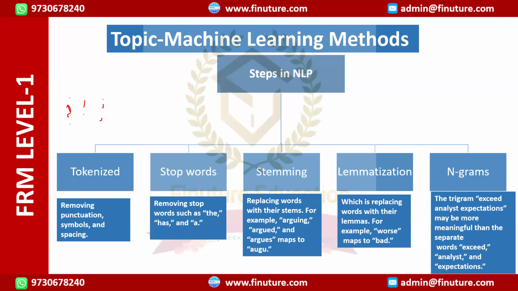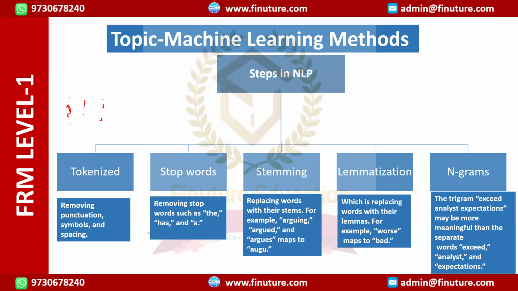The second thing is stop words. Even if you look at words like 'the' and 'has', these do not add any value when you are analyzing the text, so these are also removed. The process to remove these is called stop words. The third one is stemming. If you look at examples like arguing, argued, argues, they are mapped to one word.